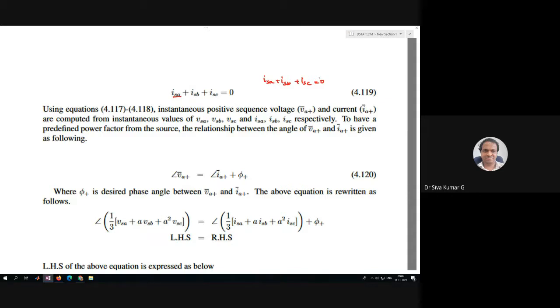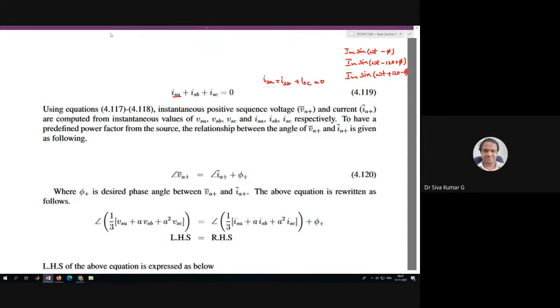And see, these currents are balanced. The balanced currents can be written as Im sine of omega t minus phi for phase A, Im sine of omega t minus 120 plus phi for the B phase maybe, and for the C phase Im sine of omega t plus 120, maybe minus phi should be there.